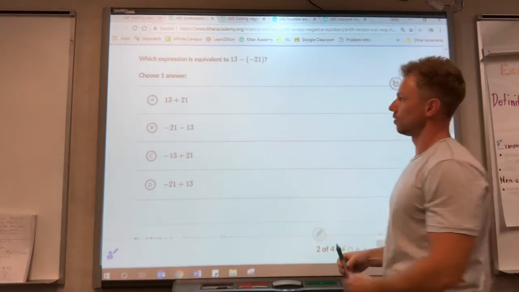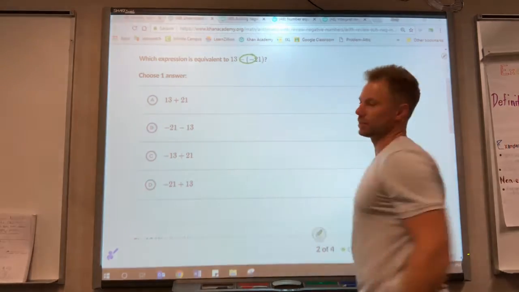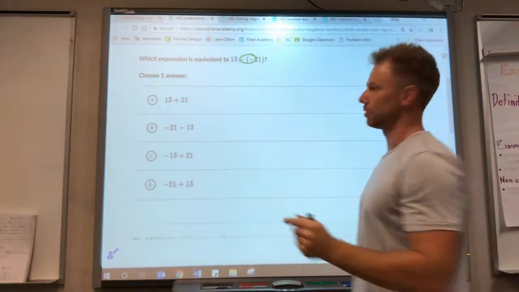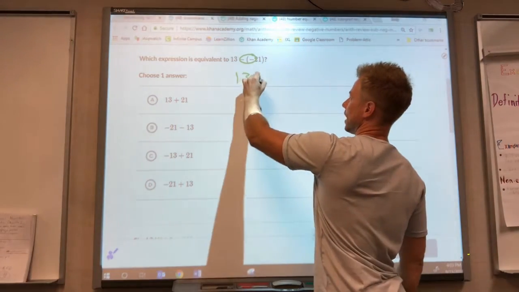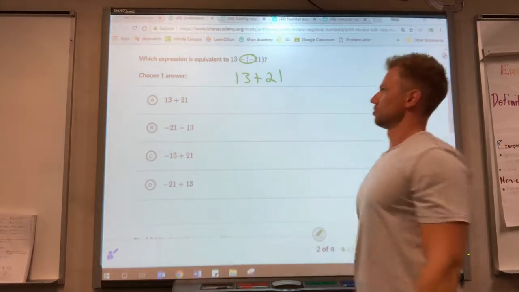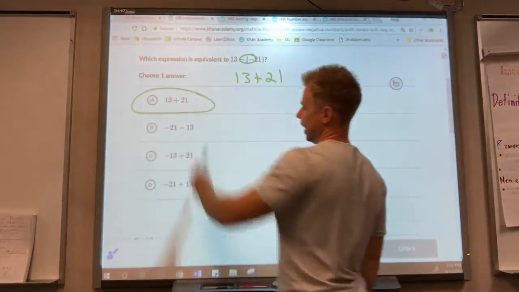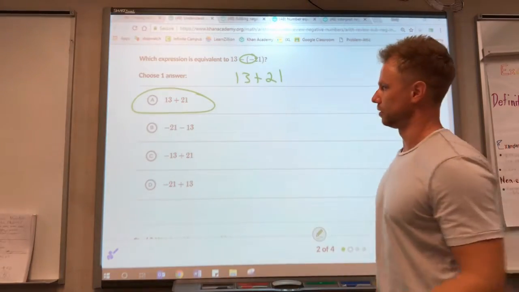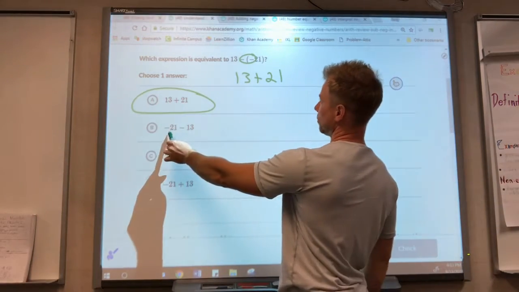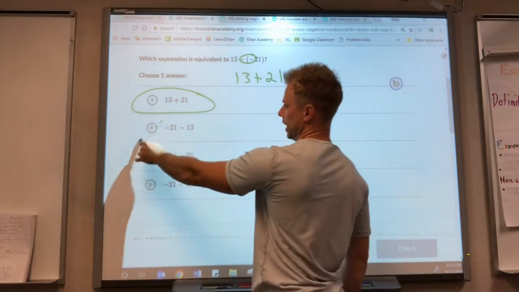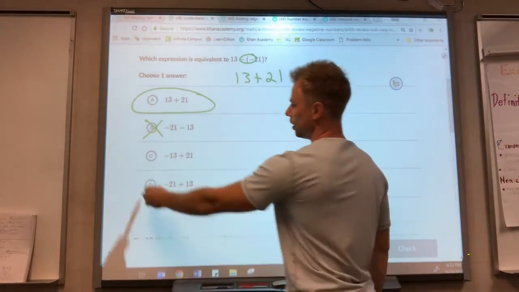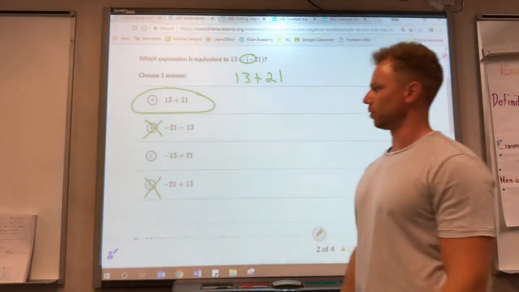Okay, again, one of our rules is when we have 2 negatives that are right next to each other, no number in between, we rewrite that as a plus. So that actually turns into 13 plus 21, which again is what A is, but we need to check the other ones. Again, they have -21 coming first. We can't switch the order of the numbers. D also has -21 coming first.